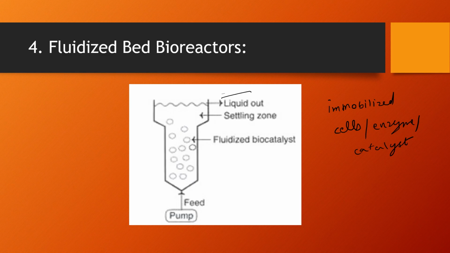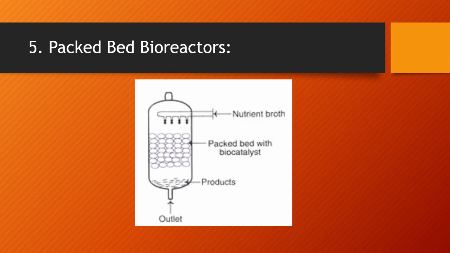Okay, so another type is packed bed bioreactors. What happens in the case of packed bed bioreactors? As you see, there is a packed bed of biocatalysts. Again, biocatalysts could be immobilized enzymes, microbial cells, or catalysts.